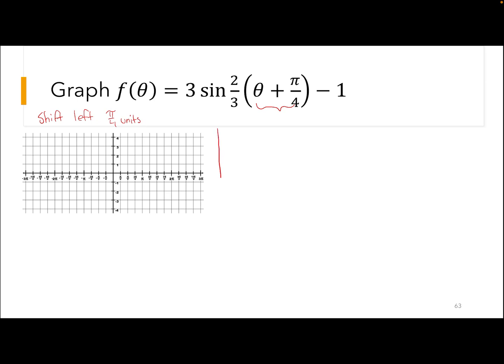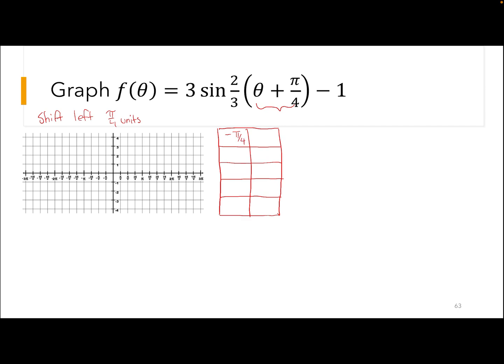So when we make our table, we get this table, let's see, so 1, 2, 3, 4, and 5. So our first value is negative pi divided by 4. Cool.